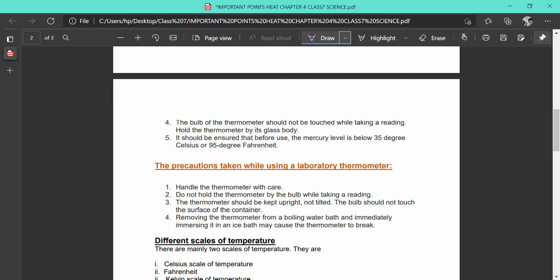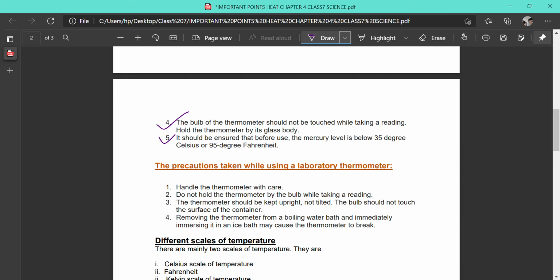What will happen? There is body heat that will flow from your fingers into the mercury, and it may expand more, giving an error, giving a much larger reading. So we should not hold it by the bulb, we should hold it by the glass body.